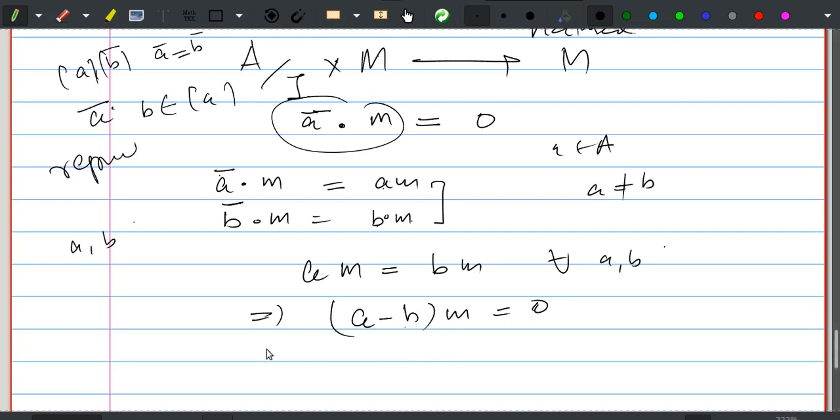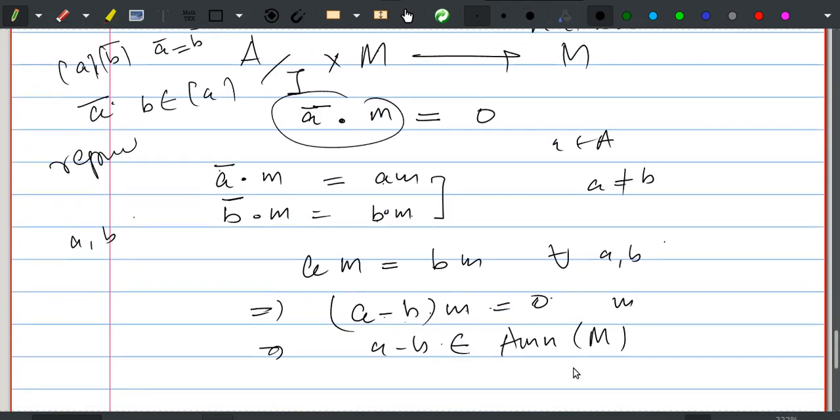Note that this m is in M. So a minus b times m is 0 only if a minus b is in the annihilator of M.